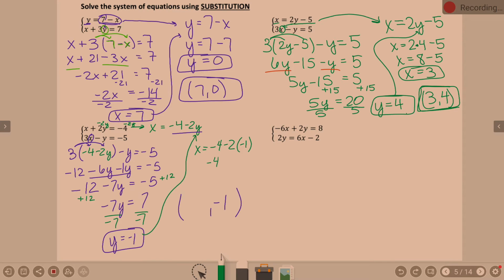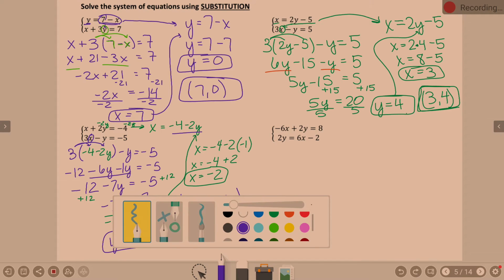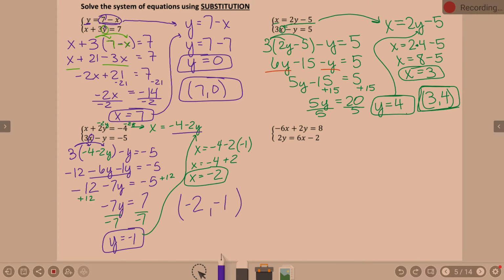So negative 2 times negative 1 is 2, it's going to become plus 2. Negative 4 plus 2 is negative 2. Yep. So we have a solution: negative 2, comma negative 1.